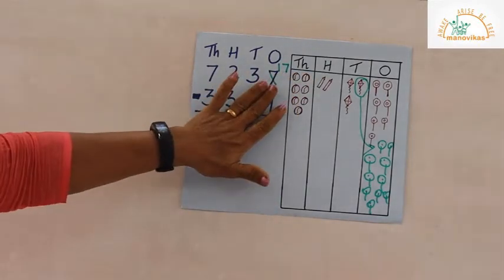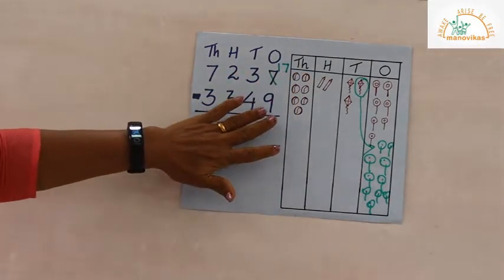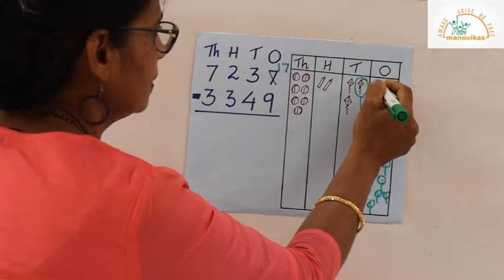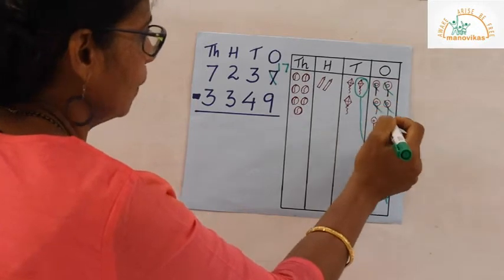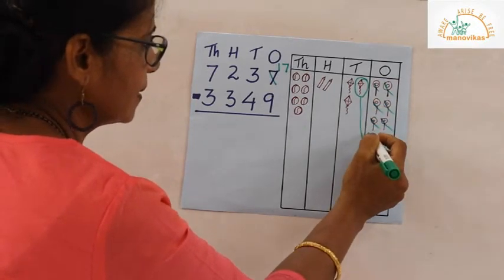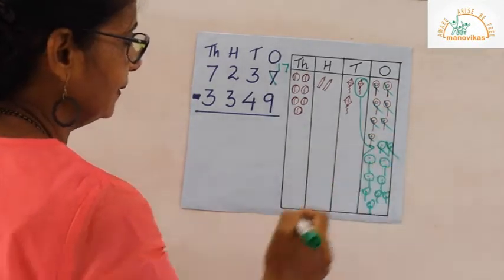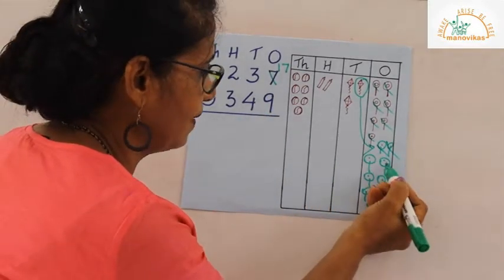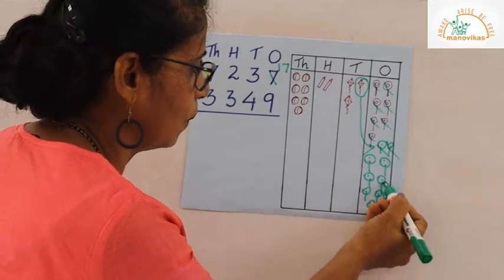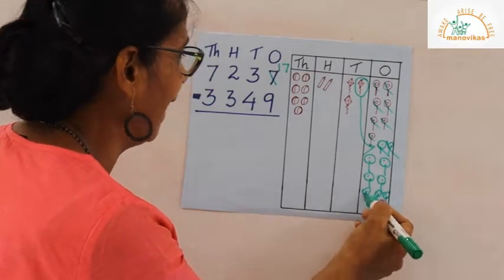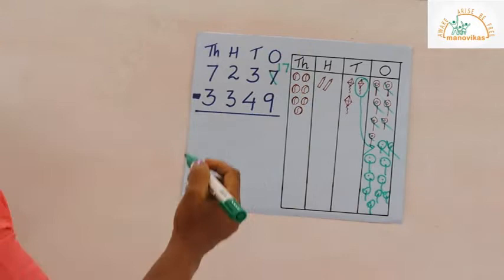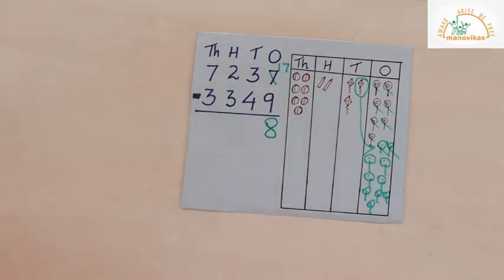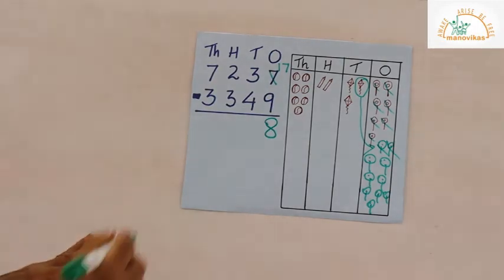Now it's easy for us to subtract 9 from 17. So let's take away 1, 2, 3, 4, 5, 6, 7, 8, 9. What remains with us or what is left? 1, 2, 3, 4, 5, 6, 7, 8. So when we minus 9 from 17, we get the answer as 8.